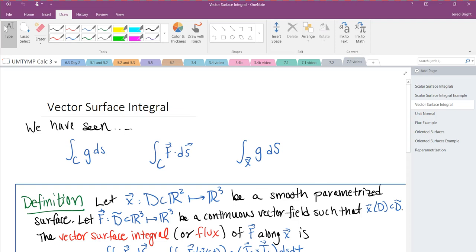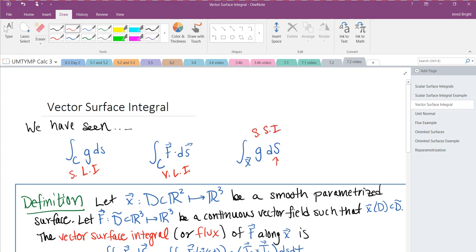So previously we've seen these three integrals above. We recognize the first one as a scalar line integral, and the second one as a vector line integral. The last one we just saw, where this big S denotes a surface, is a scalar surface integral.